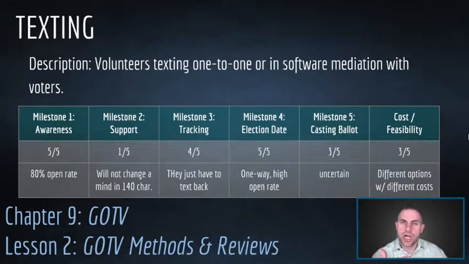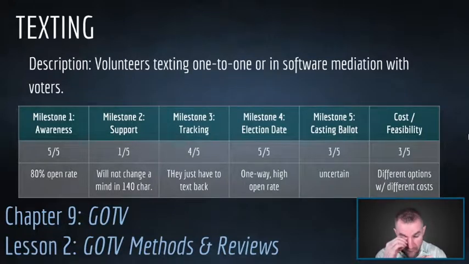But you've probably also gotten marketing or political text messages from a number that looks like a regular phone number. That is probably coming from some of these new platforms for texting, and I'll include links to them in the comments. You can go on as the candidate and text lots of supporters very quickly, and it comes from a normal phone number and they can actually write back to you and you can respond.